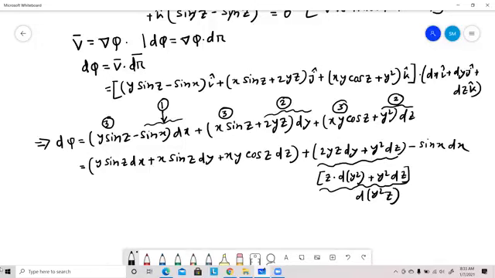Now the first term, this term, how could we merge or convert this into integrable? We observe that this is operator dx, this is dy.